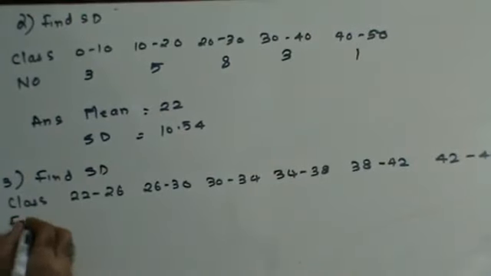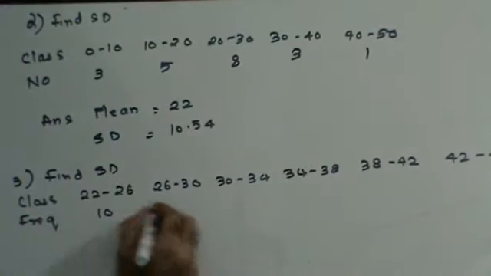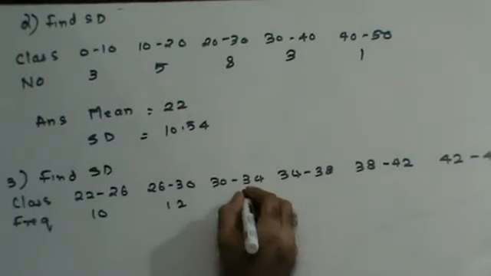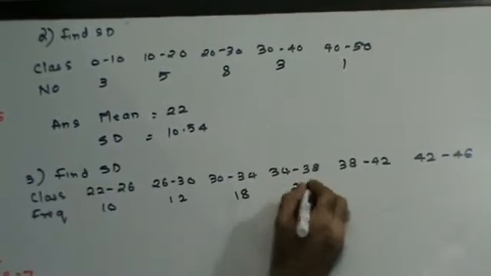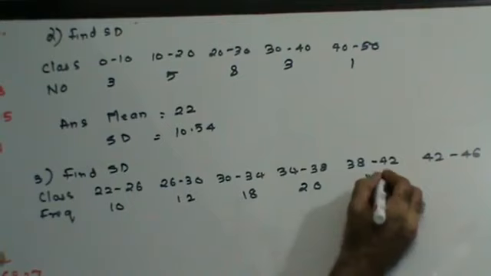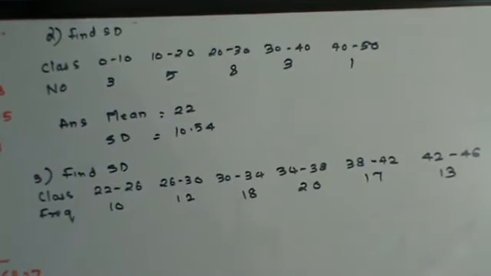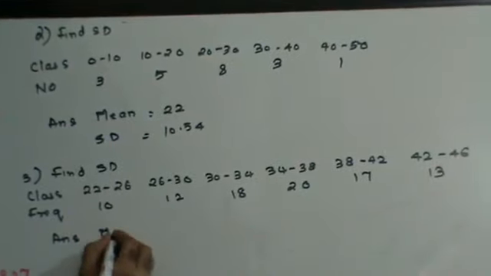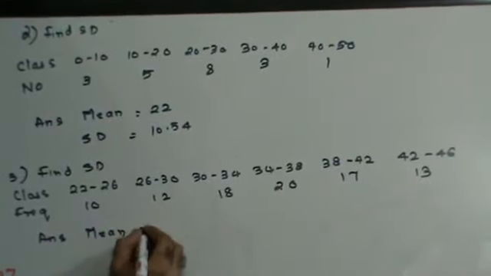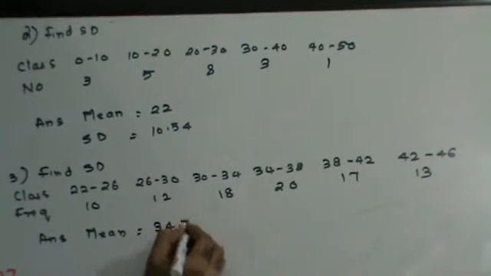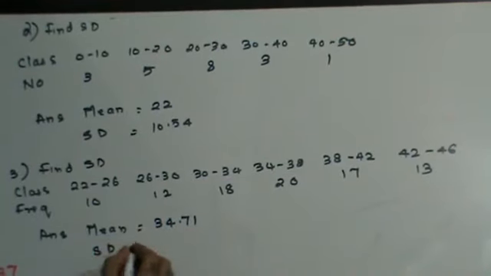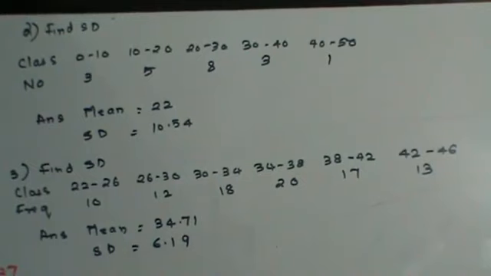And frequency is given to you as 10, 12, 18, 20, 17 and 13. Right? Same like the previous sum. You got to solve for mean and standard deviation. Answer for this, you should get the value of mean as 34.71 and standard deviation is 6.19.